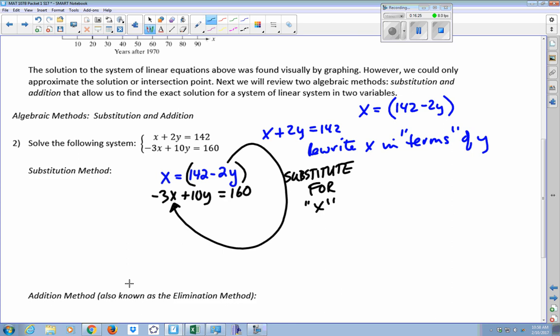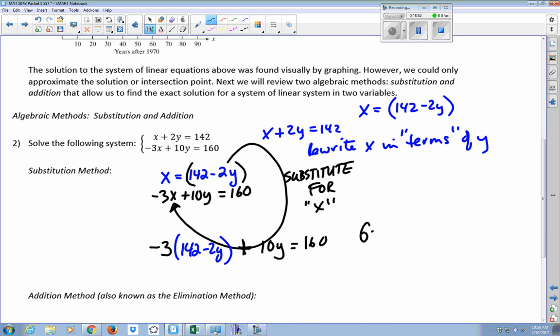So I rewrite my second equation, -3, and instead of calling it x, I call it 142 minus 2y. I just substitute an equivalent statement for it. Plus 10y equals 160.